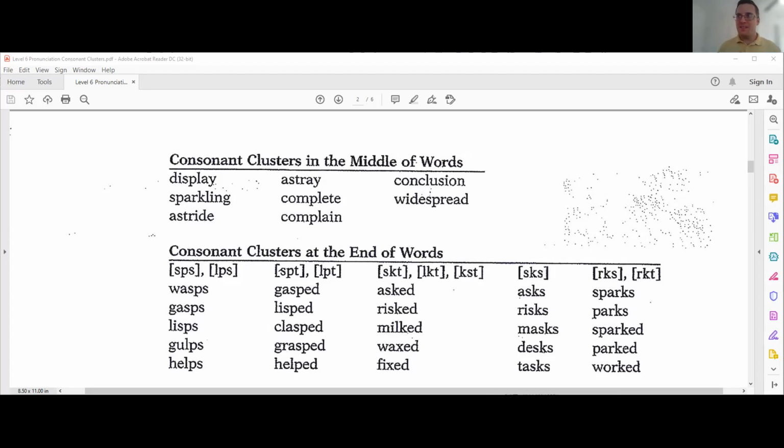And now let's listen to some consonant clusters at the end of words.